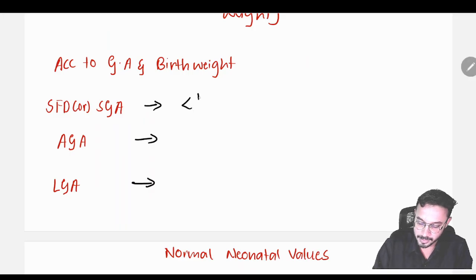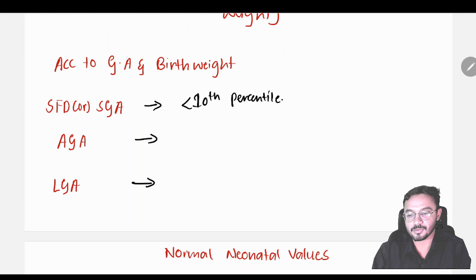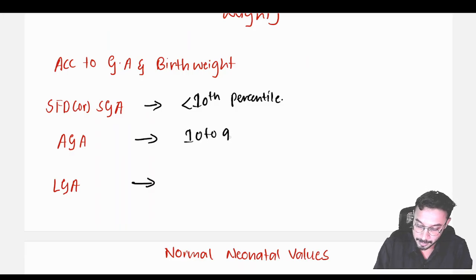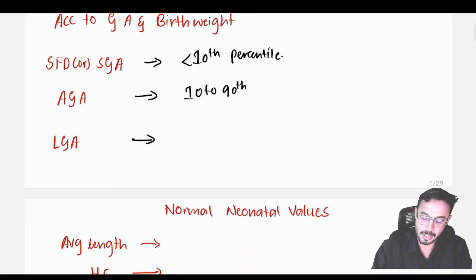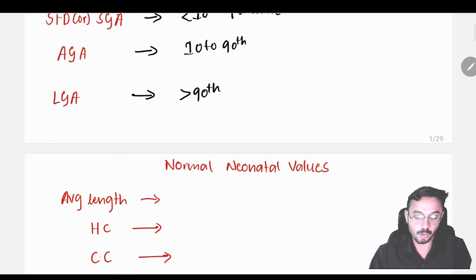If the baby's weight is less than the 10th percentile, it is known as small for date or small for gestational age baby. Appropriate for gestational age is 10th to 90th percentile, and large for date is greater than the 90th percentile. This is how the babies are divided.